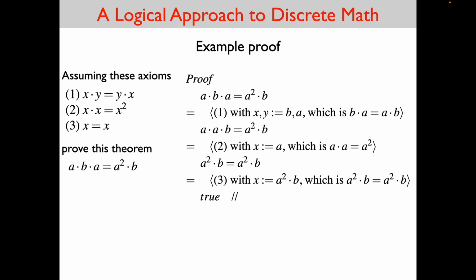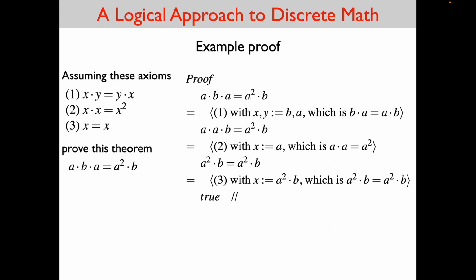QED sometimes is written as the end of the proof. Sometimes in textbooks they use little squares or rectangles, either solid or hollow, to indicate the end of the proof. That little double slash is easy to write when you're doing proofs by hand, with a pencil or a pen. All right, so that's true.